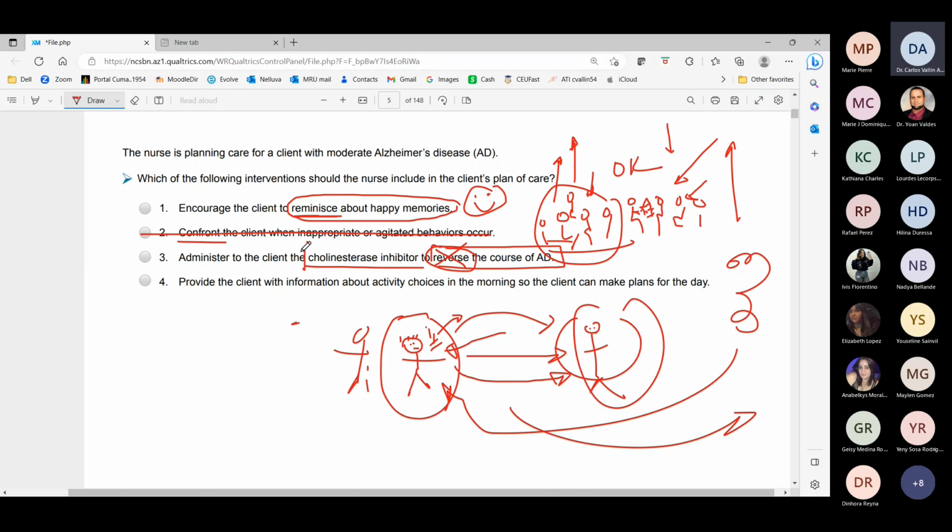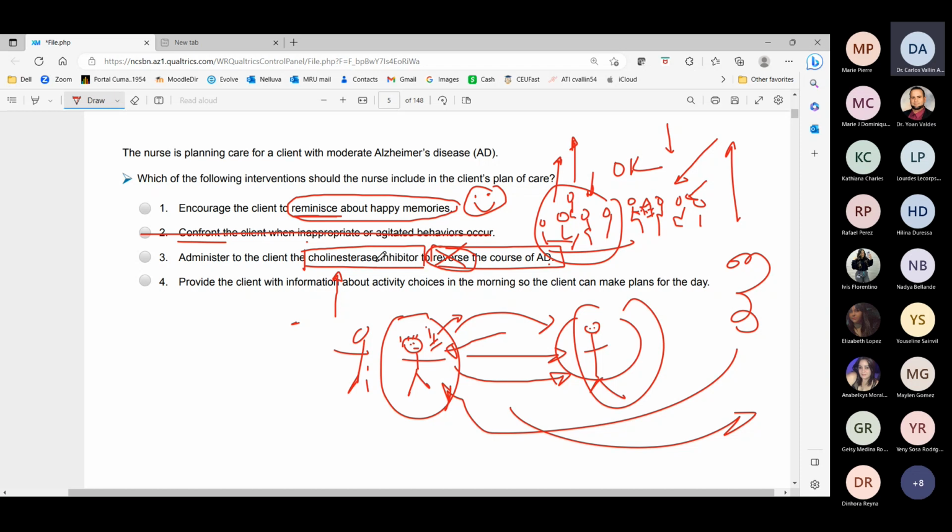You need to know that the medications used in Alzheimer's disease are mainly this family of medication. Those are cholinesterase inhibitors. Cholinesterase is the enzyme that destroys the acetylcholine.